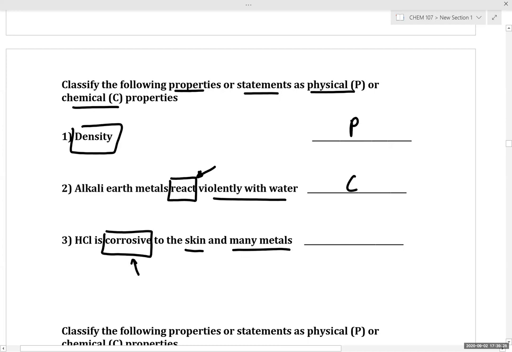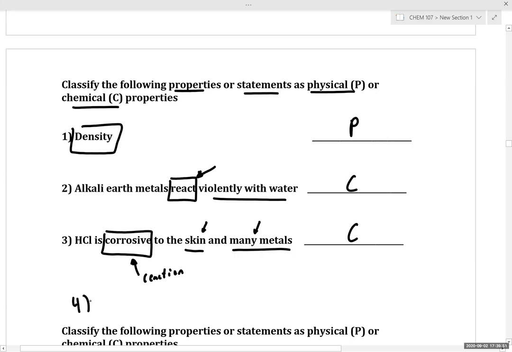So corrosive. We may not know what that word means, but we see that hydrochloric acid seems to be interacting with the skin and many metals, and corrosive is a sign of a reaction. So this would be a clear chemical change.